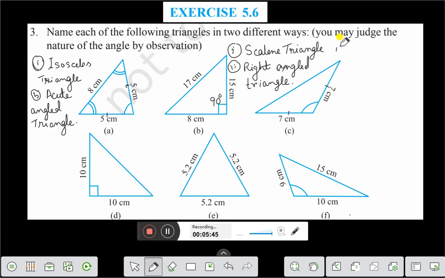Therefore, it is known as isosceles triangle.